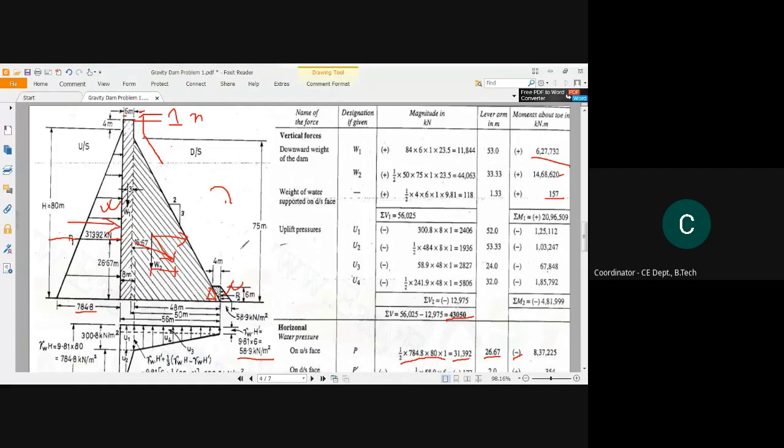That horizontal force can create a shear stress at this level, creating a disturbance at this level, so this structure may slide off. So we also have to calculate the horizontal shear stress about the toe.